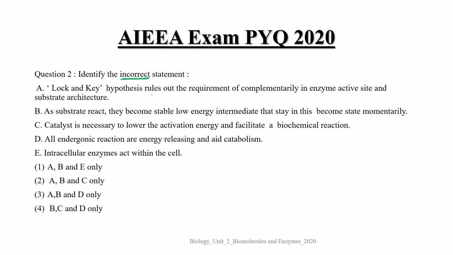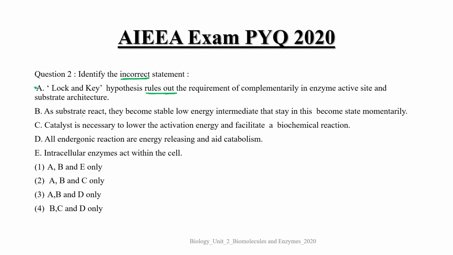This hypothesis actually states that enzyme and substrate are complementary to each other, just like lock and key. This statement is showing the reverse of this hypothesis. They have mentioned rules out the requirement. So this one is incorrect.